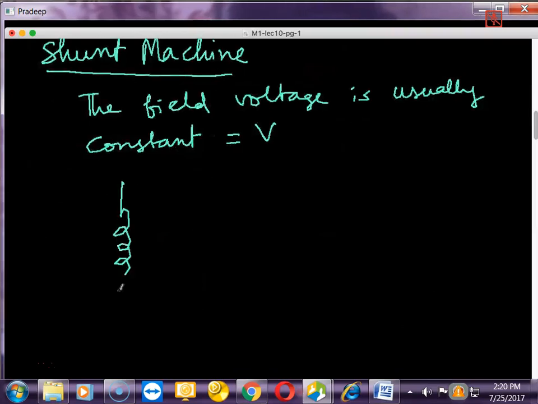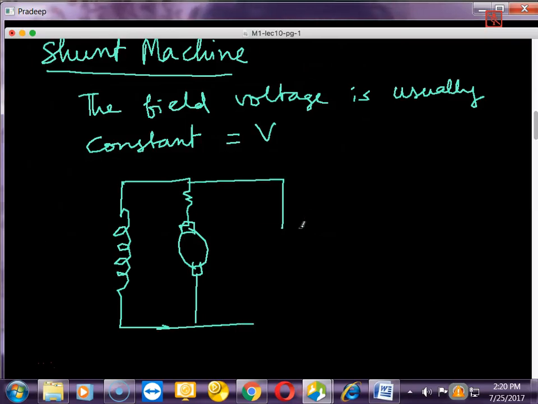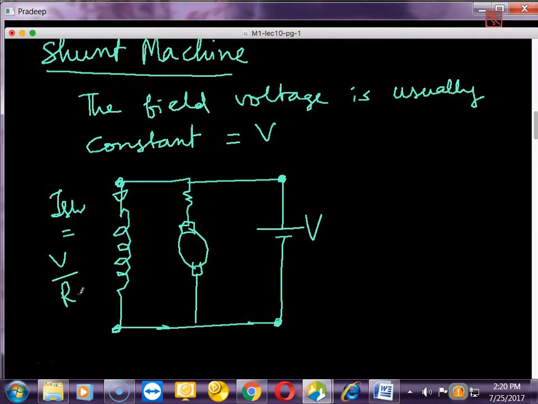This is the field winding, this is the armature resistance, and this is the armature of the DC motor, and then I have the electrical source. This voltage source voltage is directly applied across the shunt field winding. So the current ISH will be nothing but V by RSH. And V is constant and RSH is constant, therefore shunt field current is constant. Therefore flux is also constant.